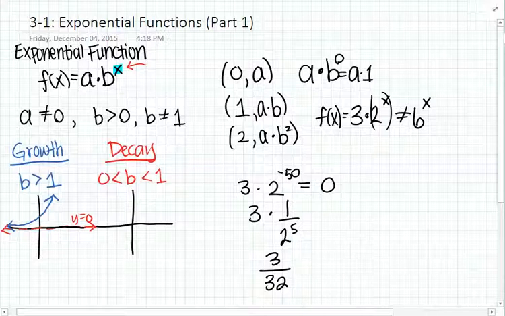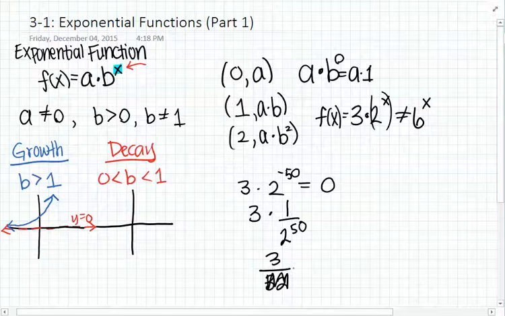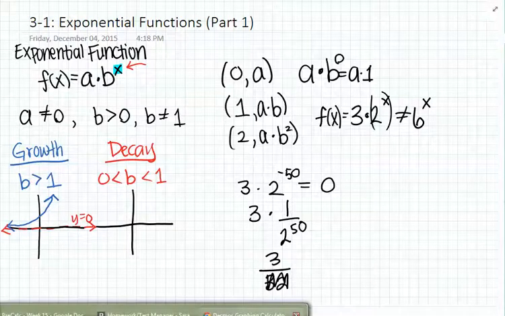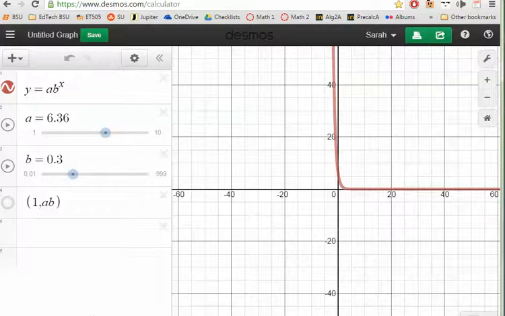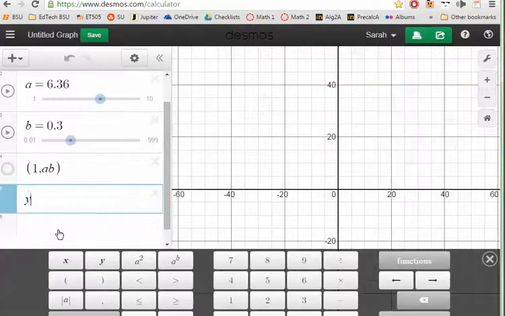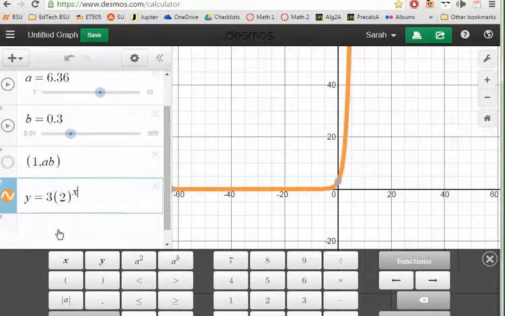Now, what if I did a -50 here? Then that would be 2 to the 50th down here, which would be a much larger number in the denominator, which would make this overall thing much, much smaller. So if we look at this specific example, let's just type the one I'm describing, 3 times 2 to the x.